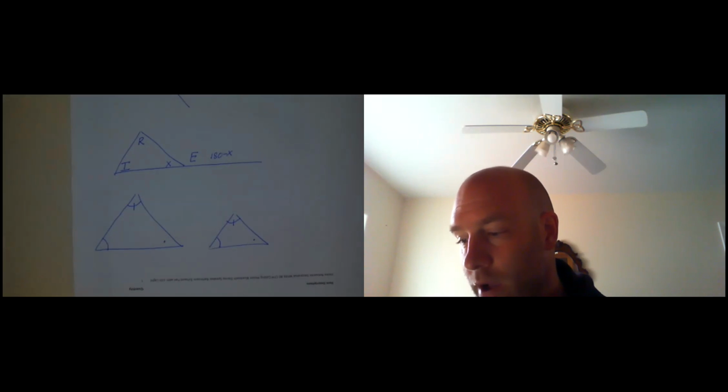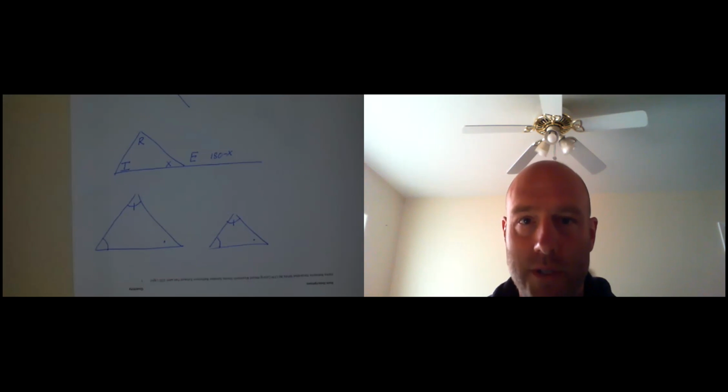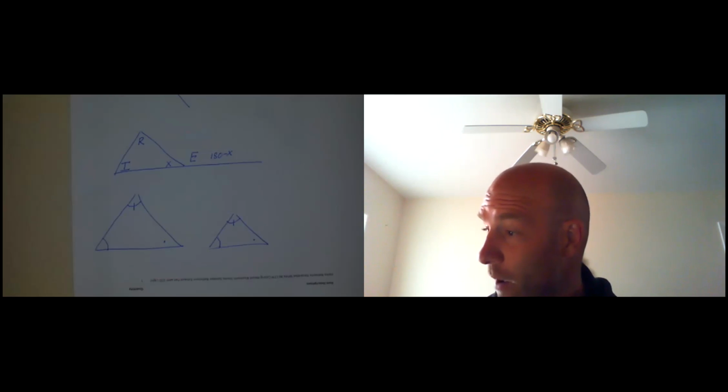Stated: if two angles in one triangle are congruent to two angles in a second triangle, then the third pair of angles are congruent. Again, it does not imply that these triangles are congruent. However, our next theorem does.